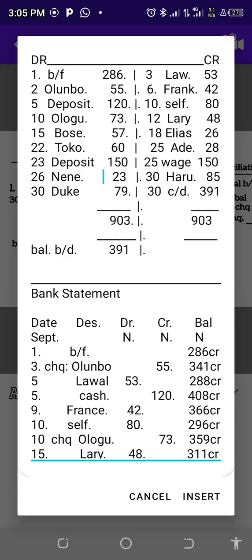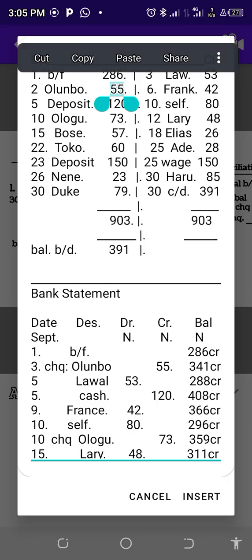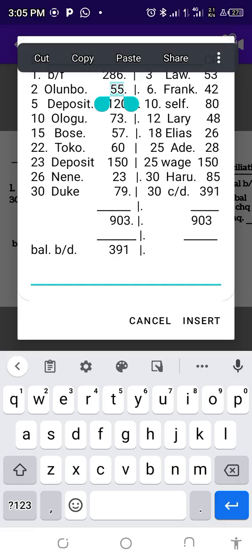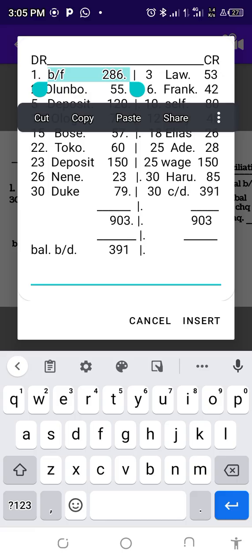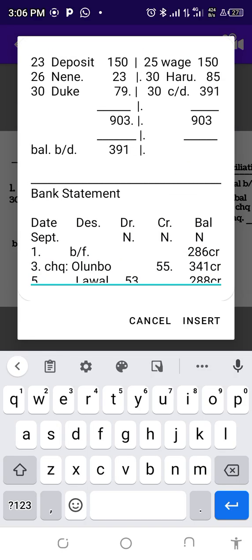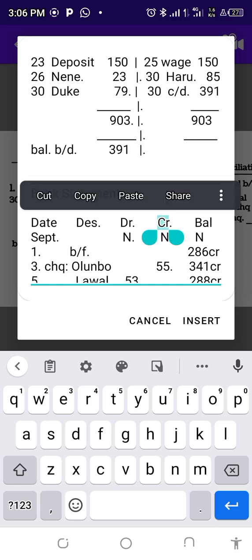That is to say, all the entries in this side of the accounts are traceable. All the entries in the debit side of the cash book are traceable to the credit side of the bank statement.